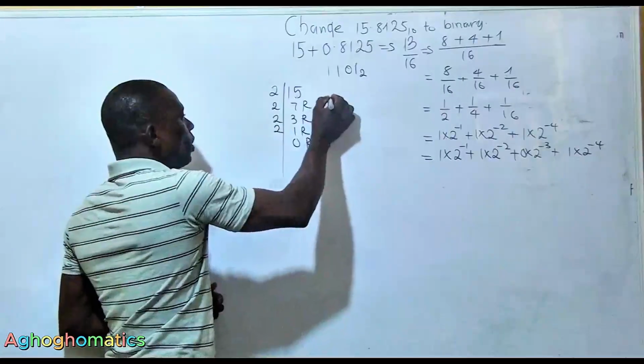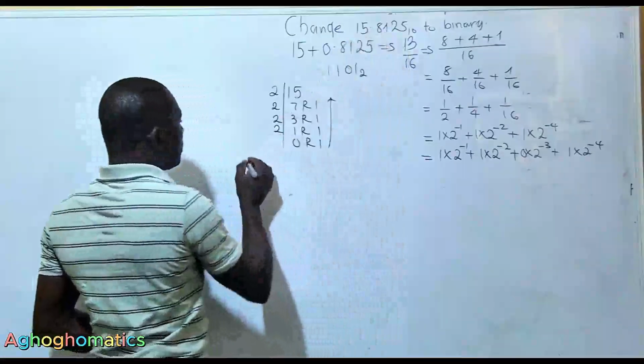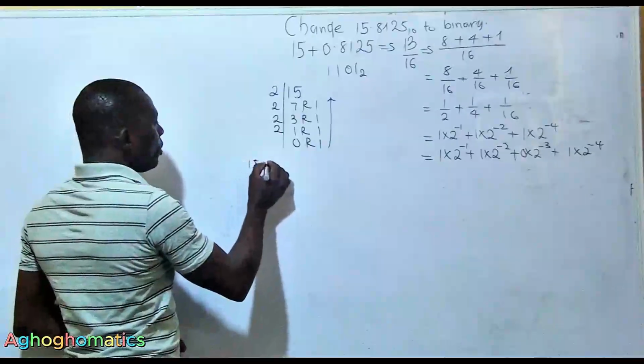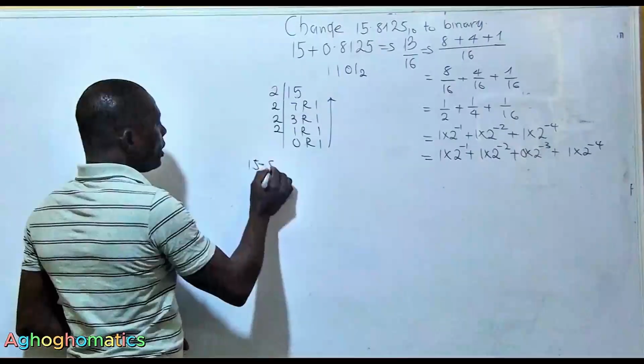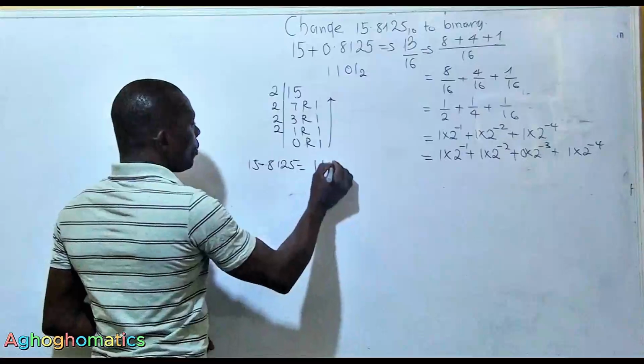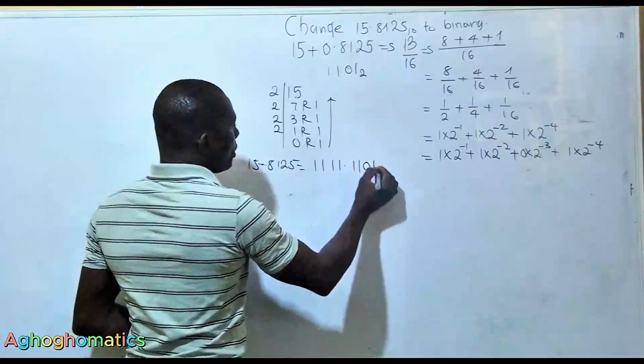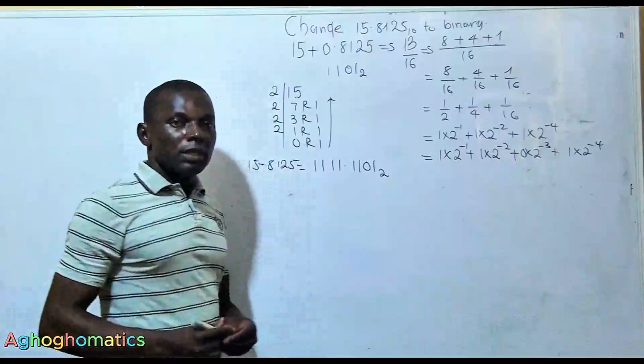So we read upward, and 15.8125 is the same as 1111.1101 in base 2.